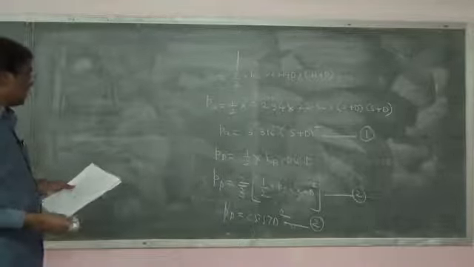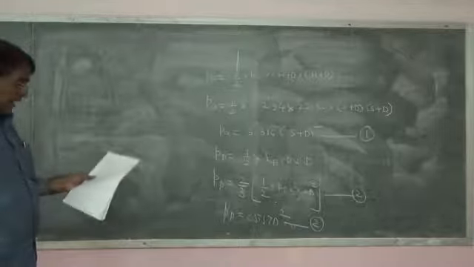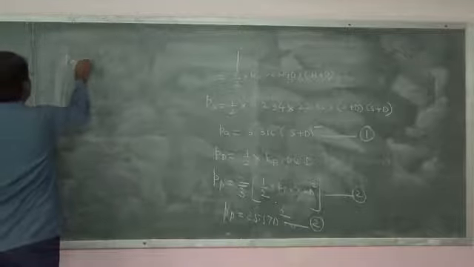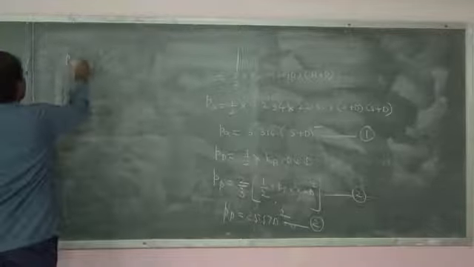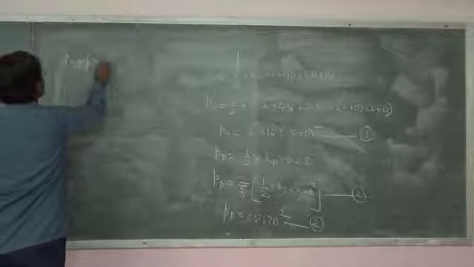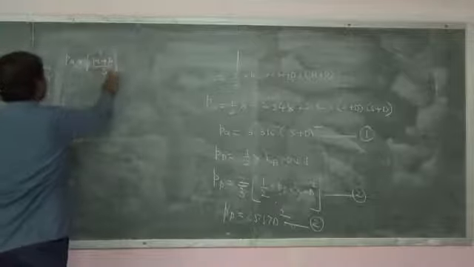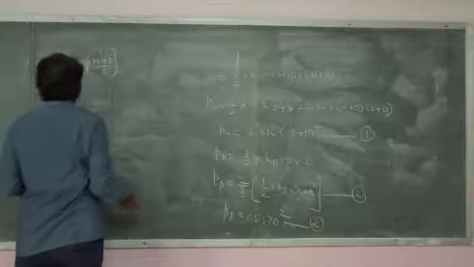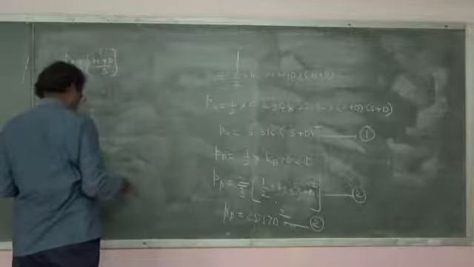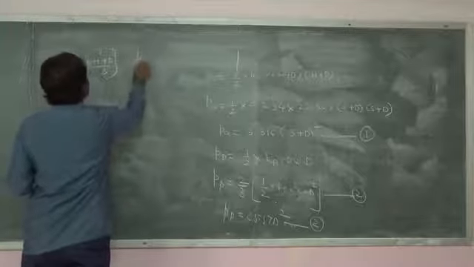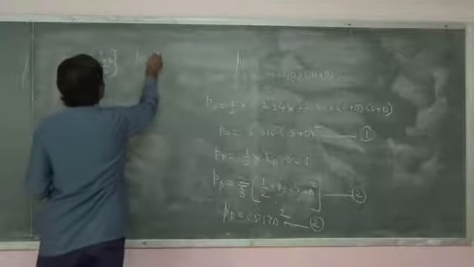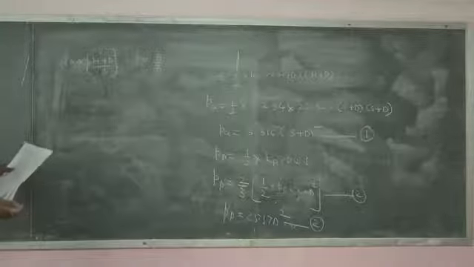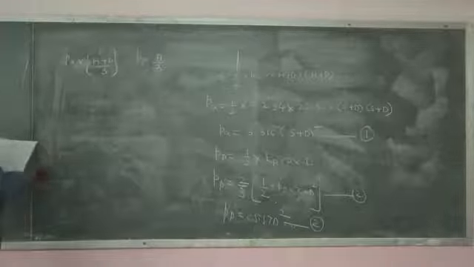Now taking moment about the base C, as in the previous problem, what we get is PA into H plus D by 3 equal to PP into D by 3.